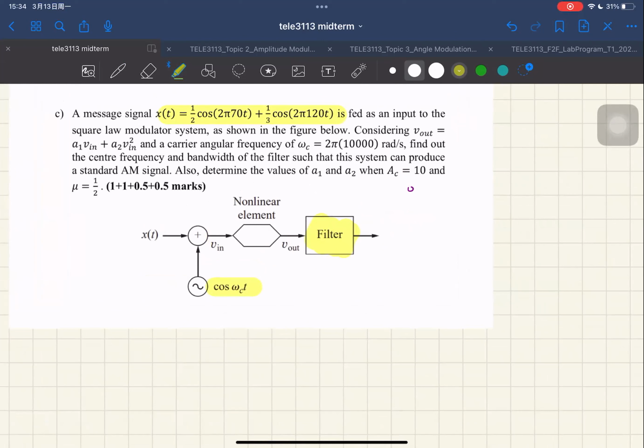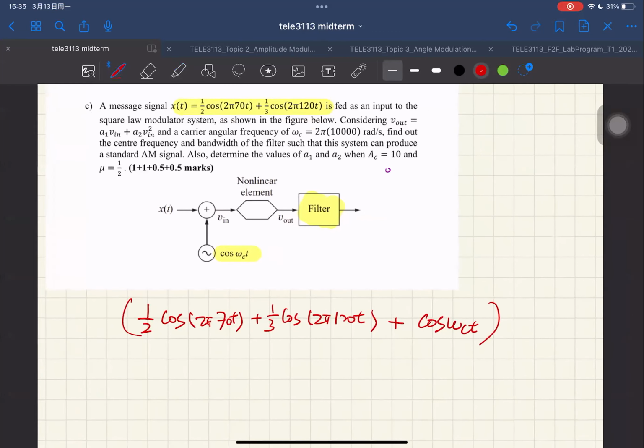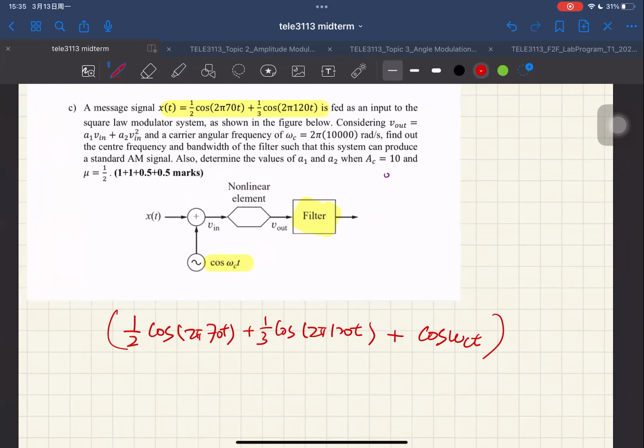Because everyone sees this question, the first intuition is to write down the expression and plot it. What the majority of people do is write half cos 2 pi 70t plus 1 over 3 cos 2 pi 120t, and then add this cos omega_c t.